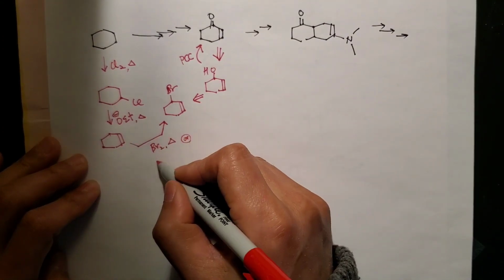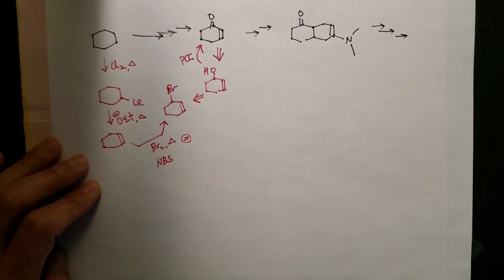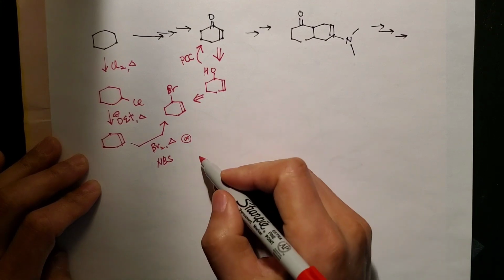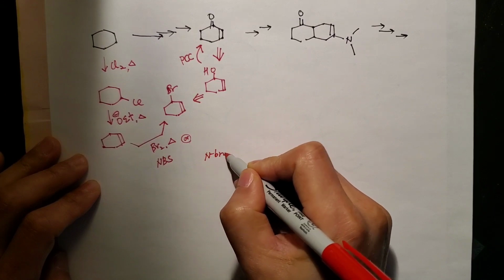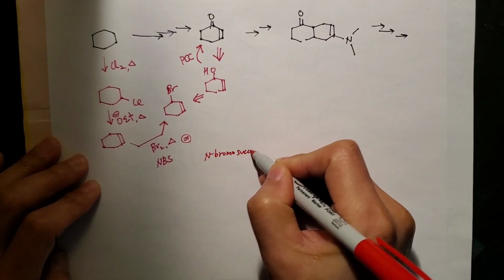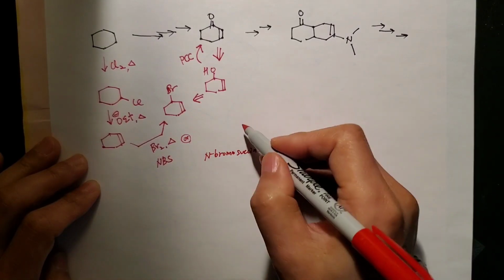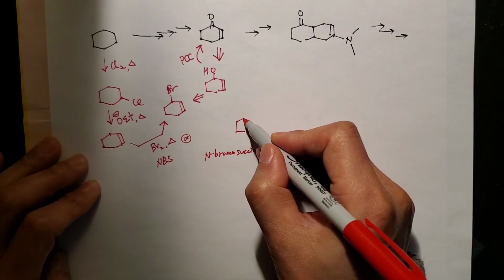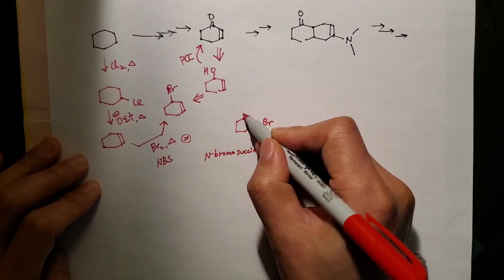Or you can use a chemical called NBS. This will also get you there. Well, the NBS is actually N-bromosuccinimide. It looks like this. It has a good leaving group portion with a bromine on it.